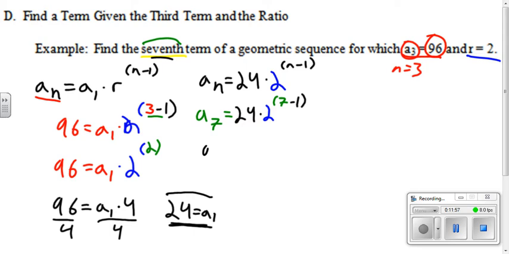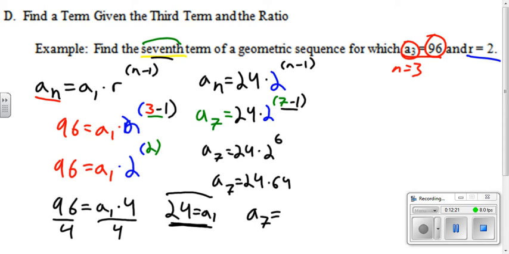And we would say then that a sub 7 equals 24 times 2 to the 6th power, because 7 minus 1 is 6. 2 to the 6th power is actually 64, so we'd say a sub 7 equals 24 times 64. And luckily we have calculators to help us deal with that kind of multiplication. We'd say a sub 7 equals then 1536.